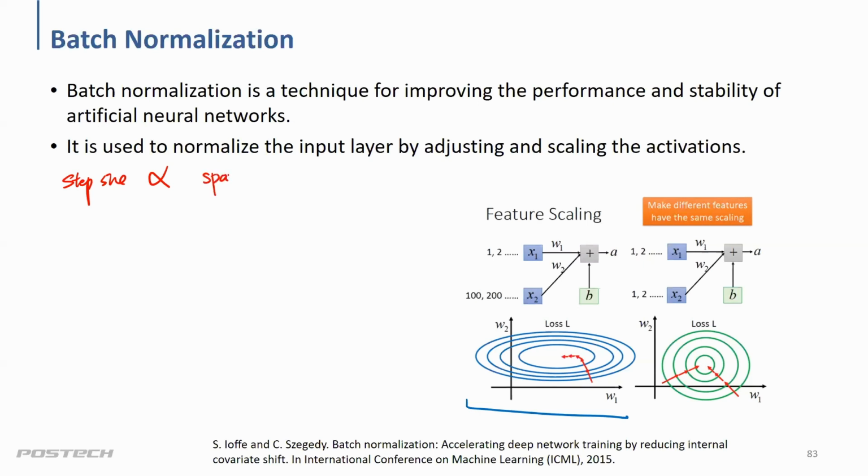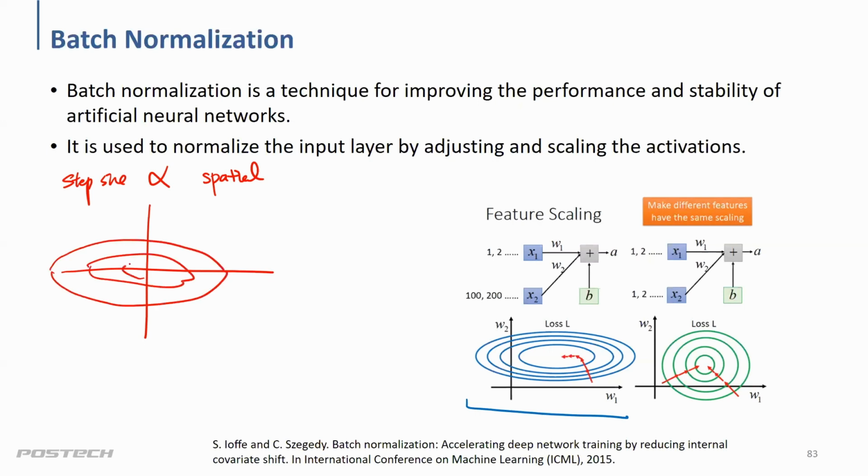If you have this kind of contour, then in each iteration this direction is very stiff and that direction is not stiff.